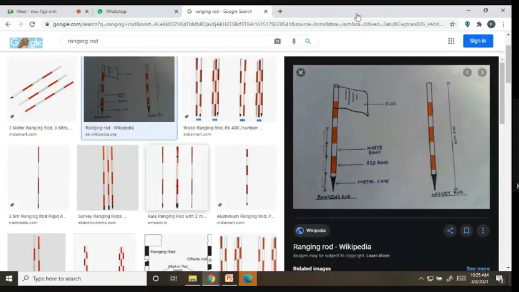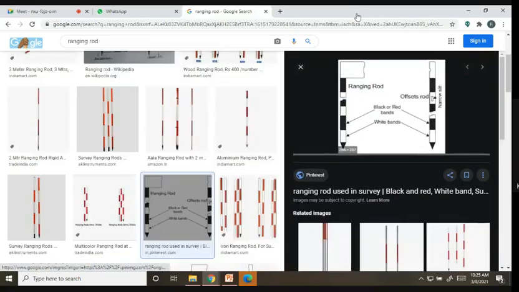It will be around 2 to 3 meters. Some people will use flags and some people won't, so don't be confused about it. Offset rods and ranging rods: just see the picture. There is much more difference between the ranging rod and offset rods.